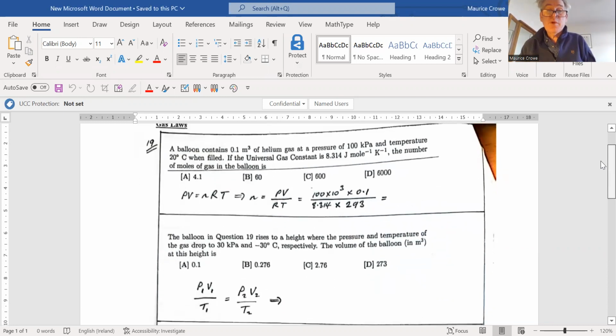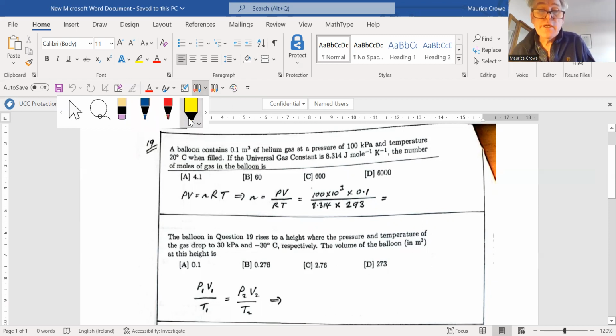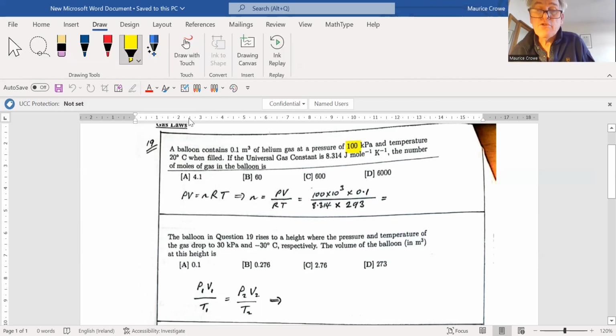Right. Now the first one here then. Just to highlight a few things here then. 100 kilopascals, that's pressure, you're going to have to change that to 100 multiplied by 10 to the power of 3, because of the kilo.